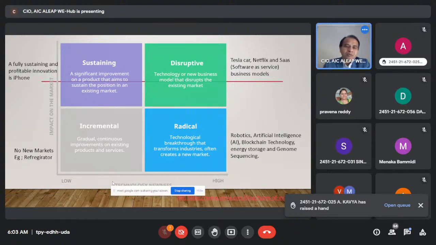Now, what is the difference when we speak about the refrigerators available right now in the market, the impact on the market? It is the same principle-based refrigerator, just with some features added. Do you know what the latest feature present in a refrigerator is?